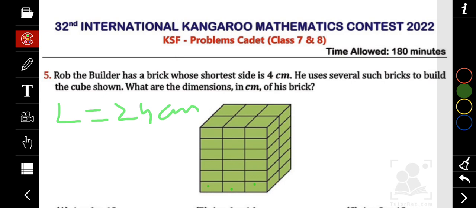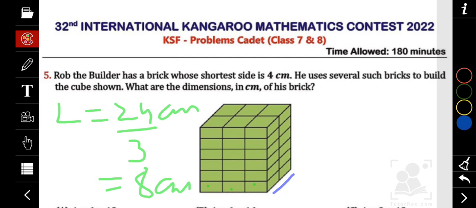Since the height was 24 centimeters, its length is also going to be 24 centimeters. So it contains 3 bricks in it, so each brick would be having a length of 8 centimeters.